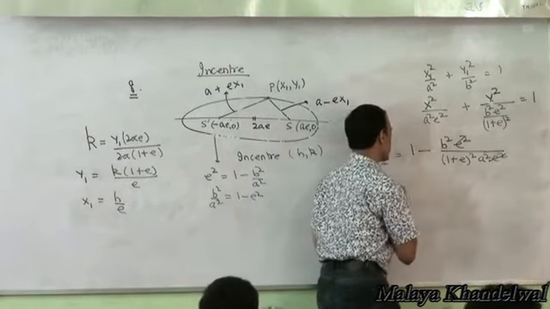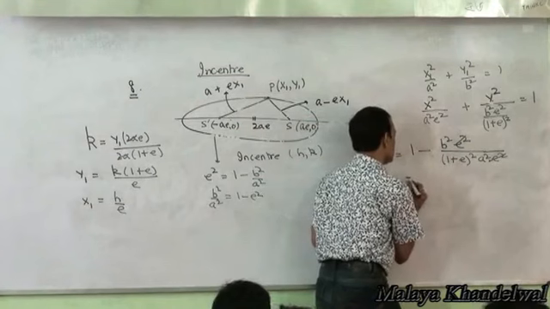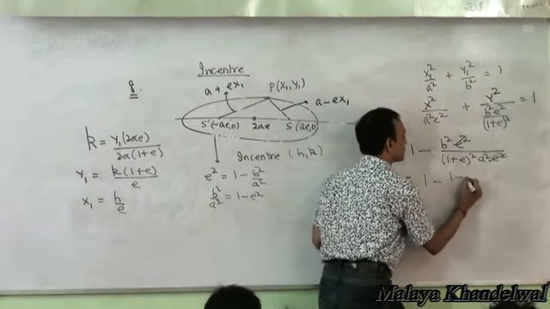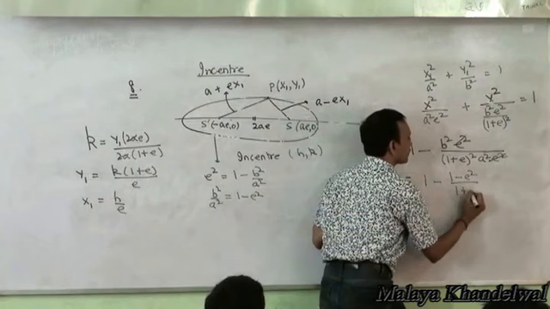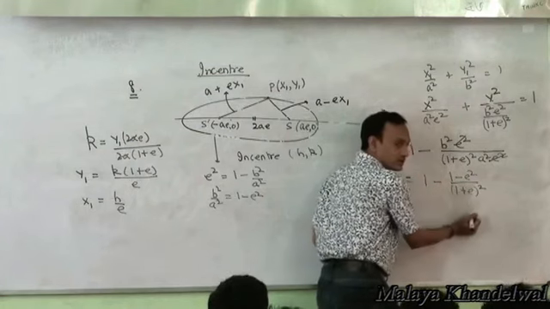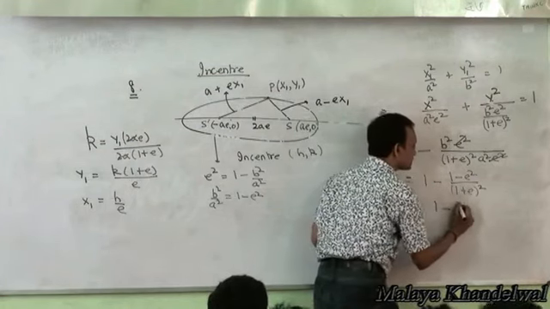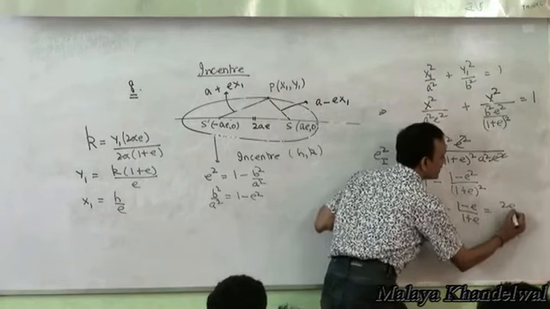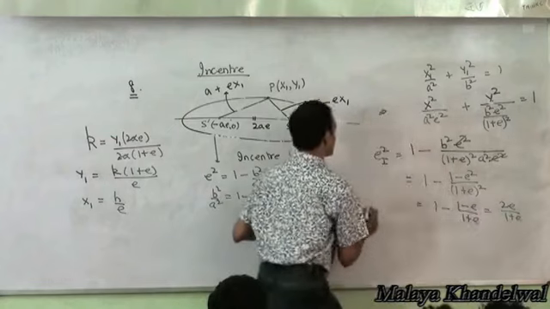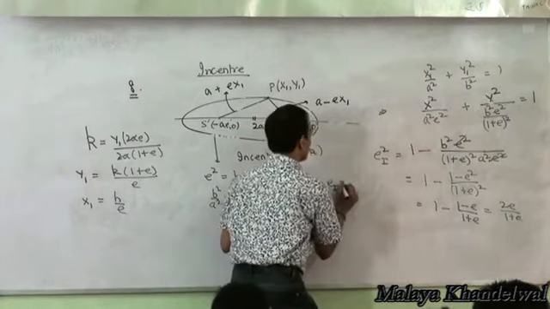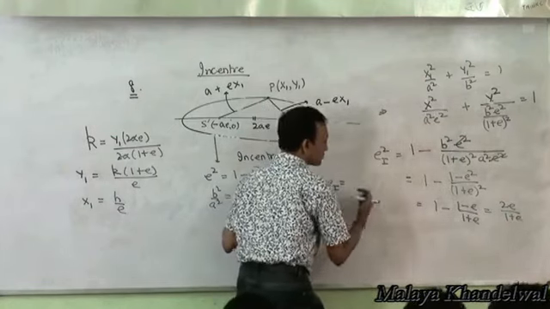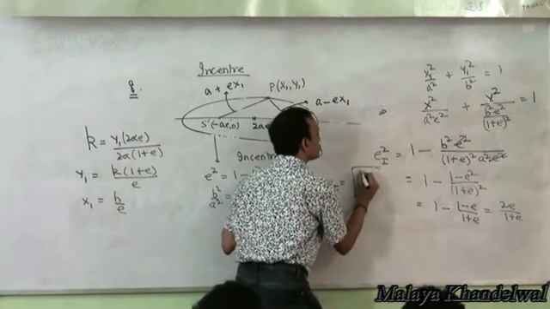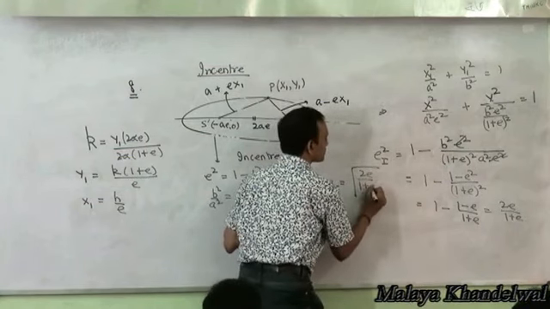So this b squared by a squared I replace by 1 minus e squared, whole square, which is 1 minus e by 1 plus e, which is 2e by 1 plus e. So the eccentricity of the ellipse formed out of the incenters is going to be root 2e by 1 plus e.